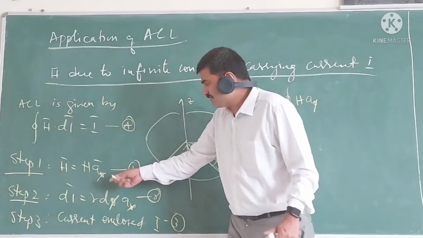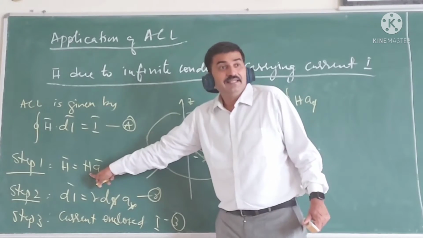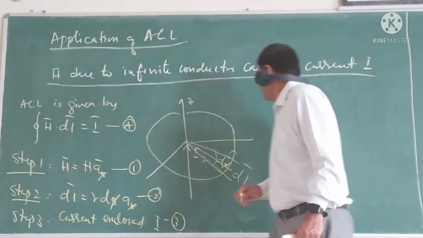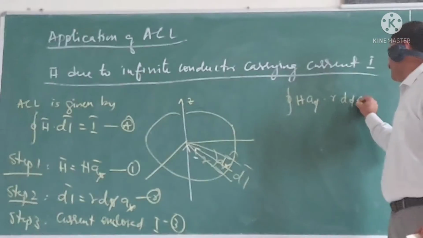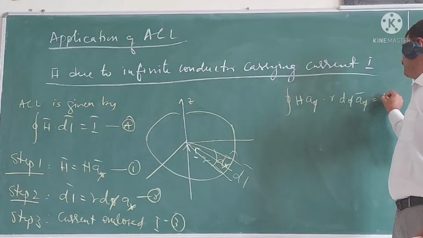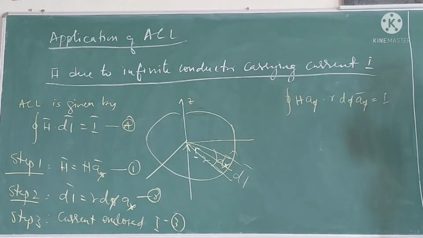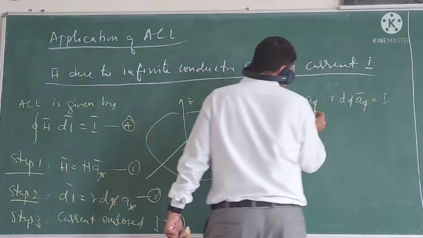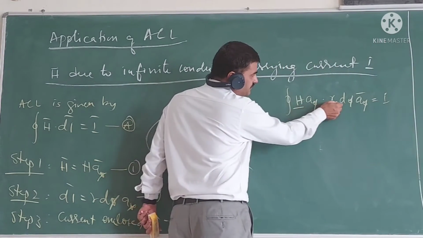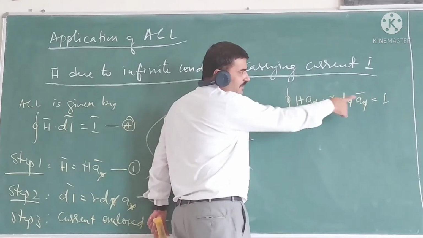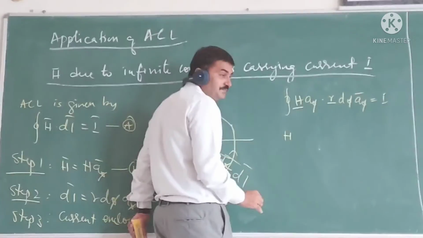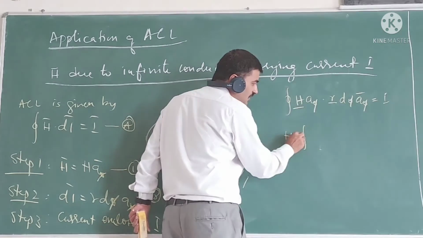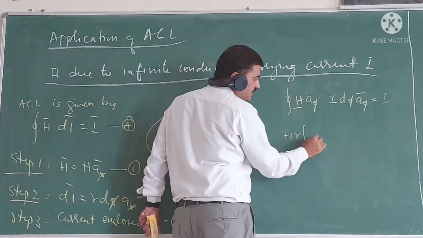H a phi, by default it indicates it is H phi only. Then what are the constants for this integration? a phi dot a phi is 1. Then H I can take out, and r I can take out. This is also constant, this is also constant. d phi.